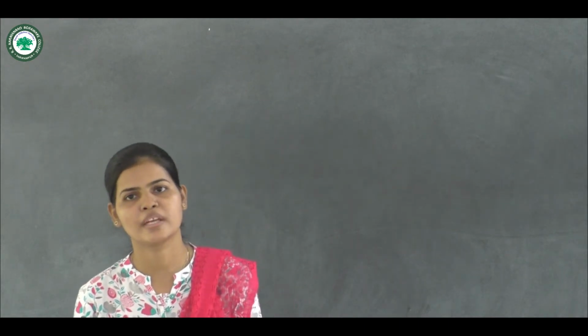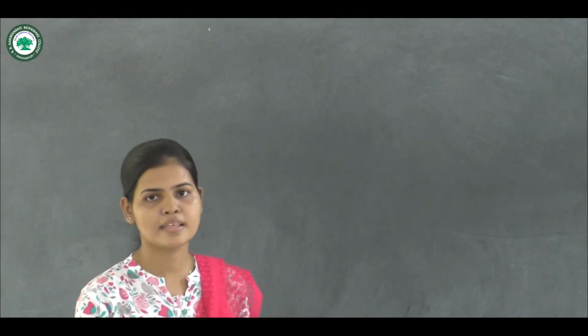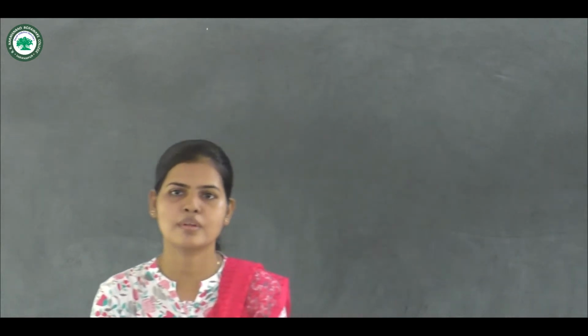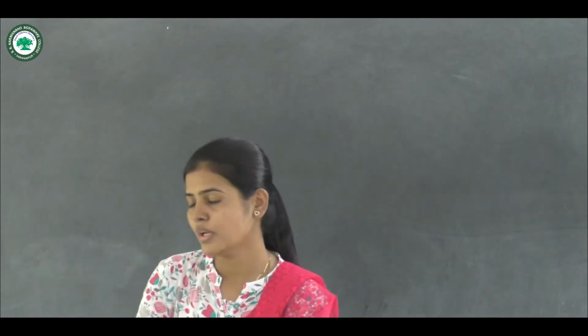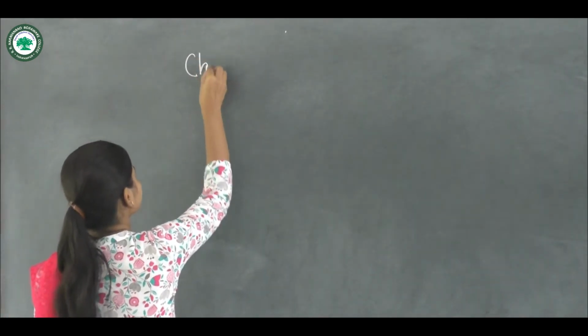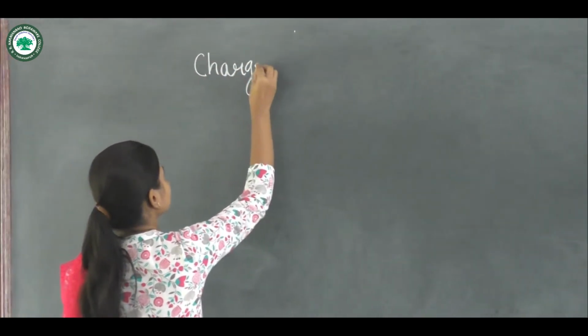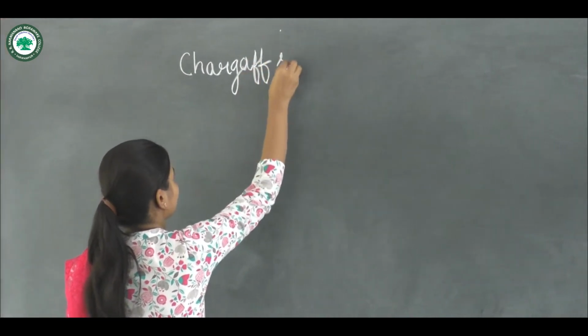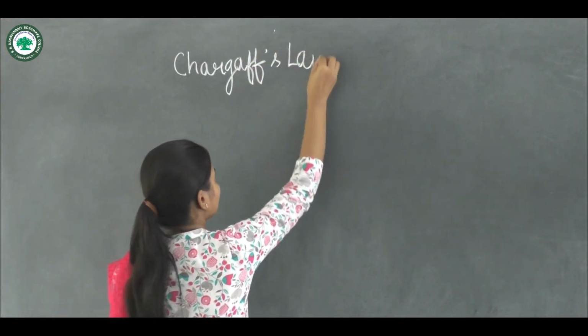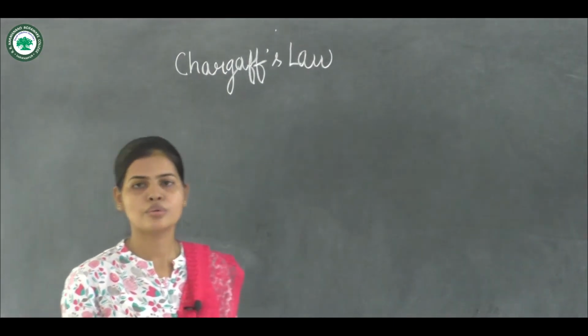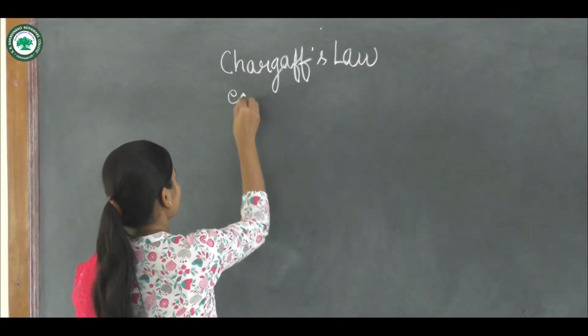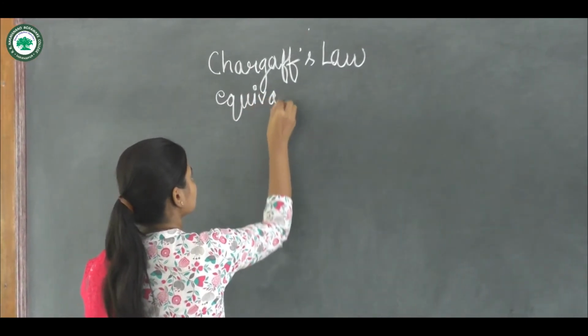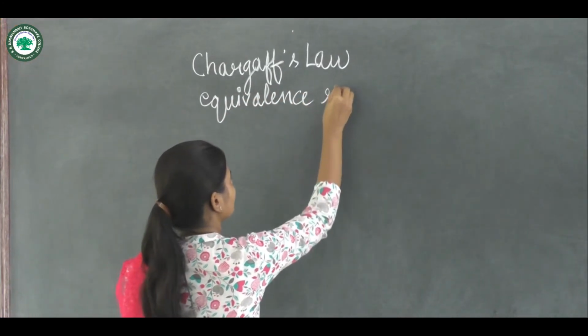Okay, now in today's lecture, we will see three different topics of TYBSc Cell and Molecular Biology. The first topic is Chargaff's law. It is also known as the equivalence rule.